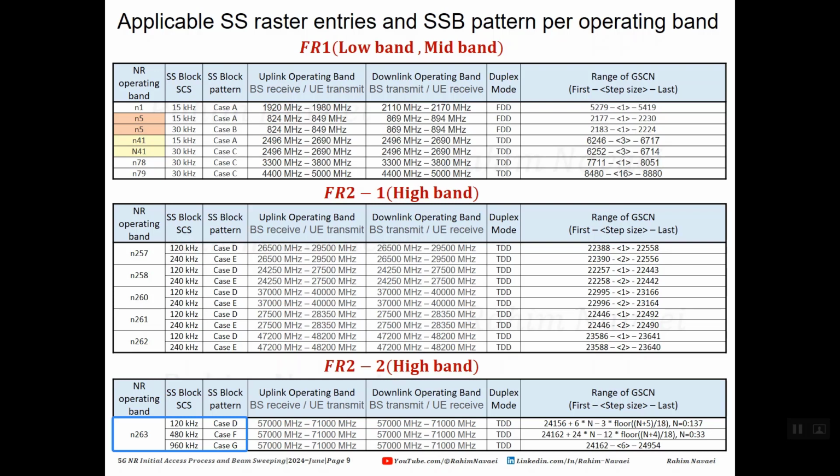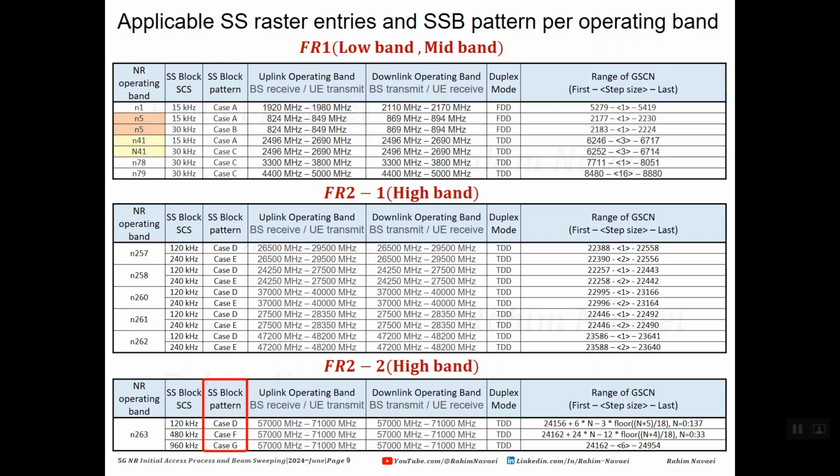In case of SSB pattern, as I mentioned earlier, 3GPP specified 7 patterns, I mean A to G. Case A and B and C in FR1, case D and E in FR2-1, and case D, F, and G in FR2-2.